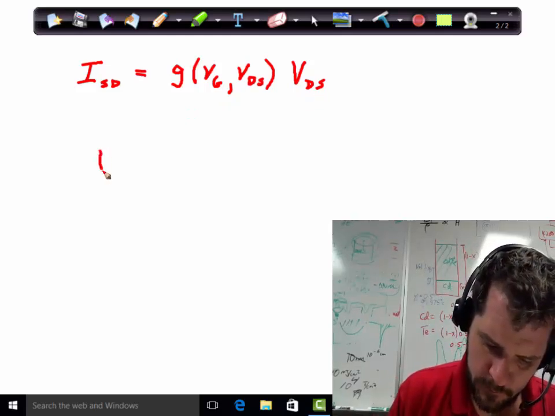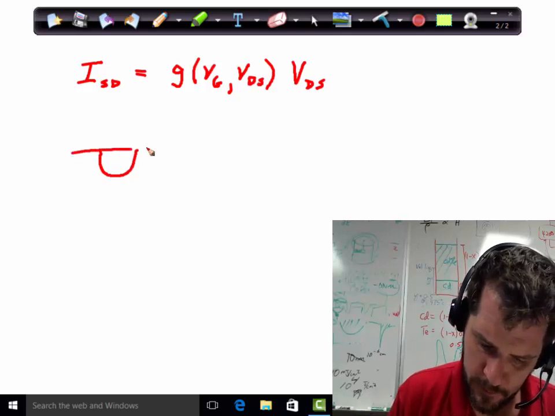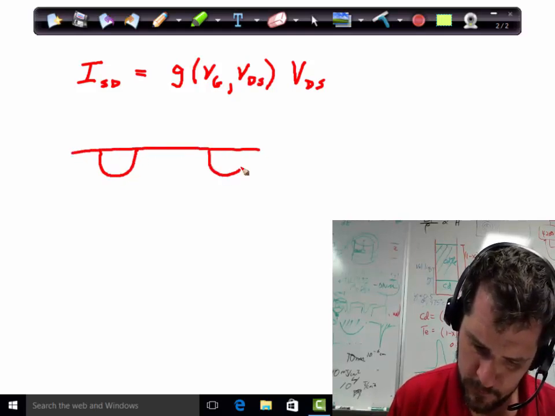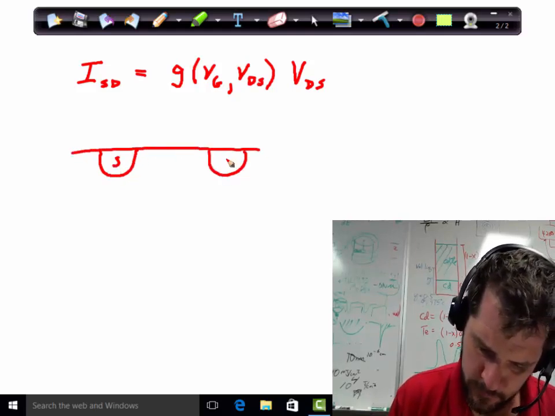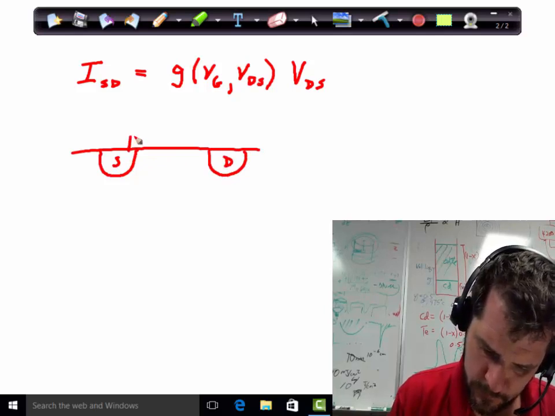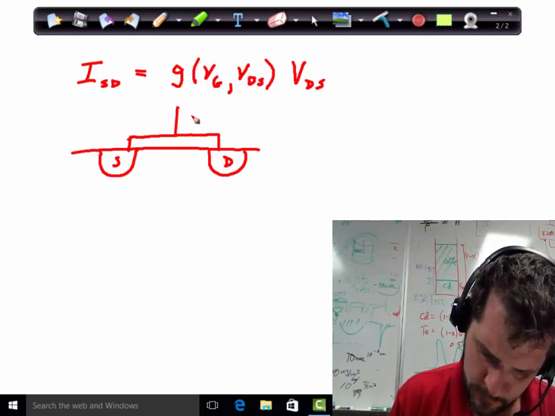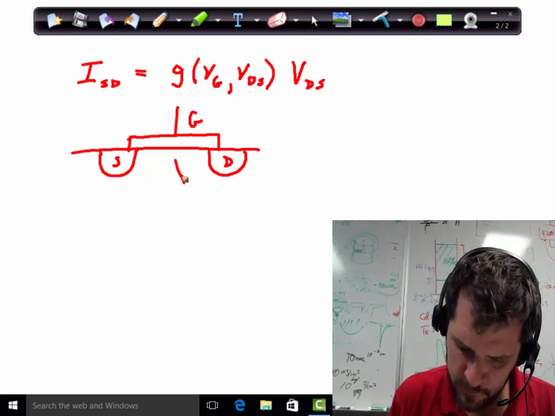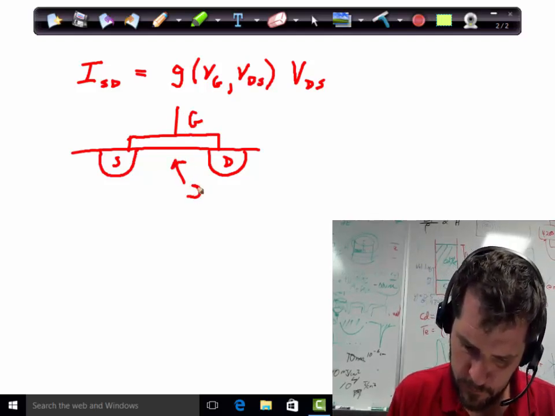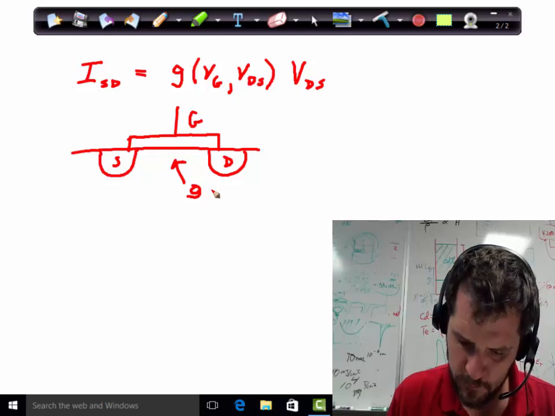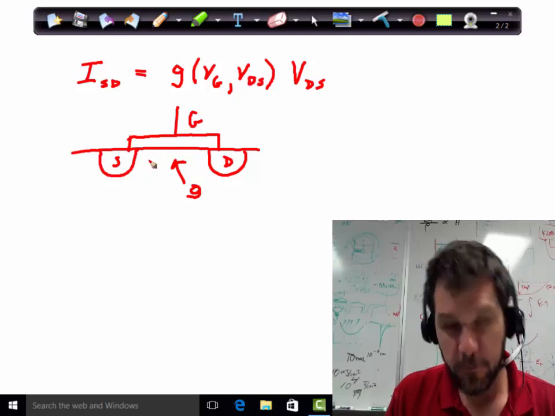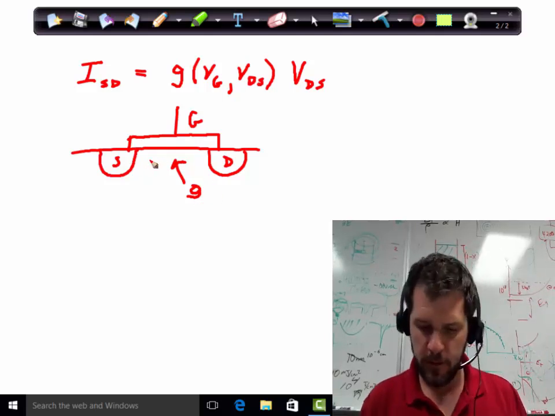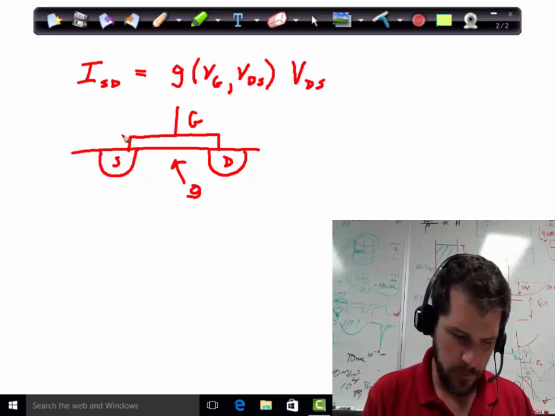Let's make sure we draw a little schematic of the device. We have our source, our drain, and our gate. And the transconductance G is going to be the connection between the source and drain in terms of current flow.